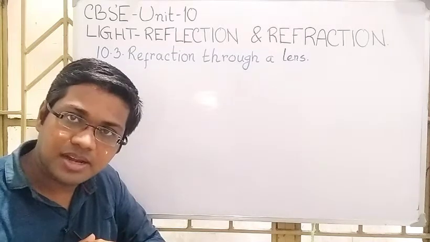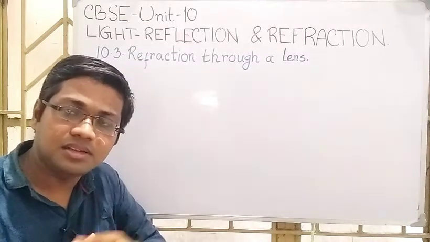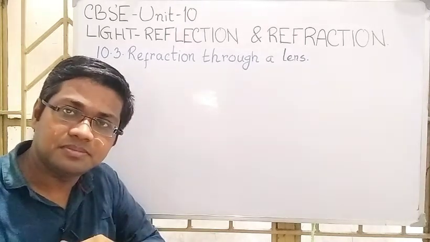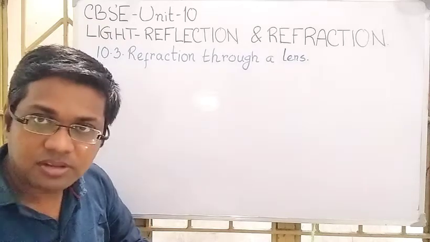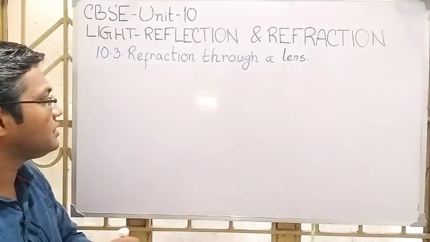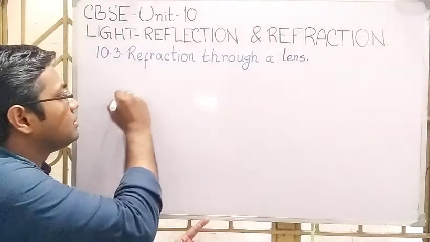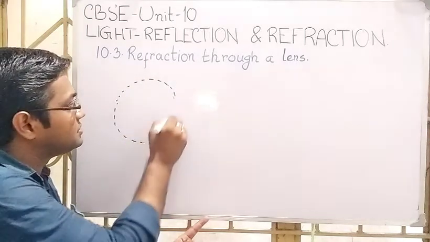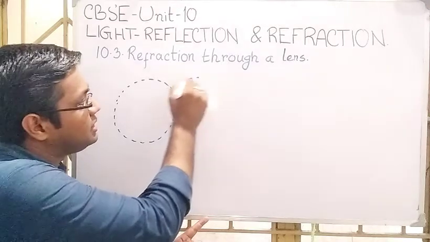The two refracting surfaces here are part of a sphere. If I draw this, just see, this is one sphere and this is another sphere.